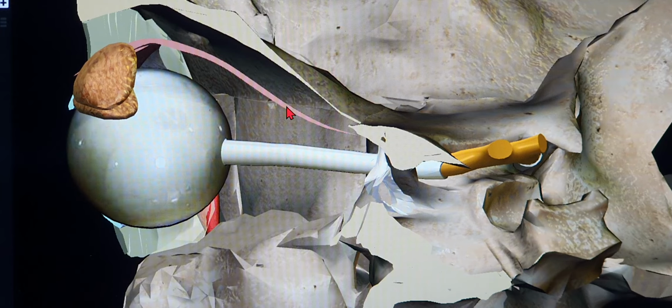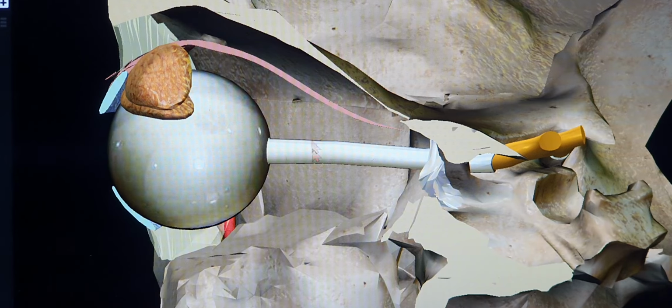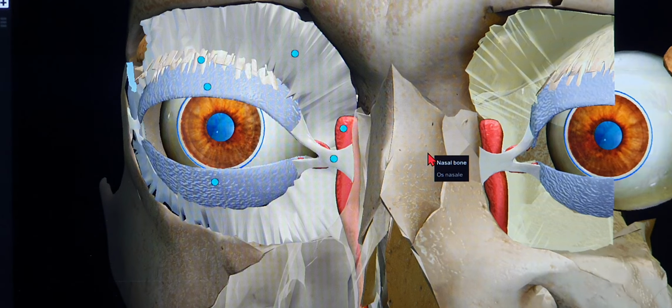So these could be the deficiencies from which the infection may enter, and that's the thinnest lamina papyracea. If there's a deficiency in that, the infection could enter into the orbital cavity and may cause post-septal cellulitis.